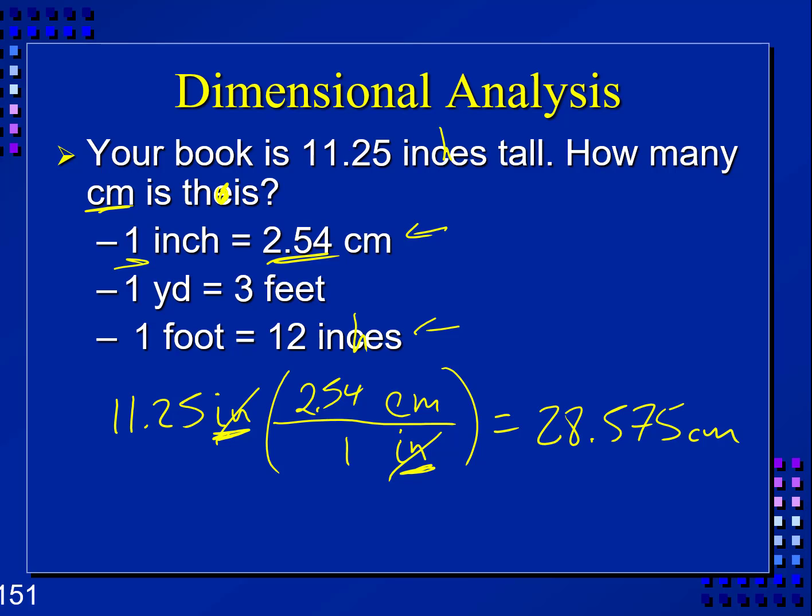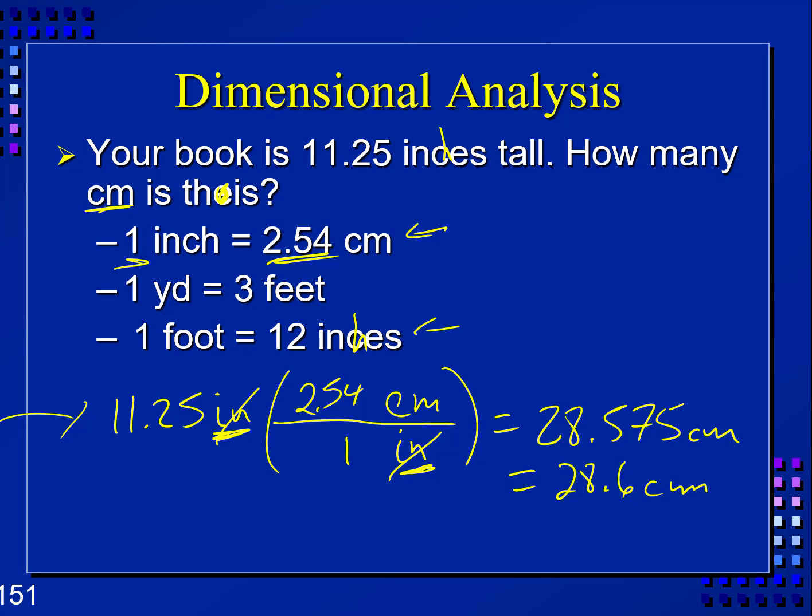So what I look at is about as many non-zeros as I started with is about what I want. So I got 4 non-zeros and I got 3 non-zeros. So I want about 3 non-zeros. Does that make sense? That is actually the basics of rounding. So that would be 28.6 centimeters.